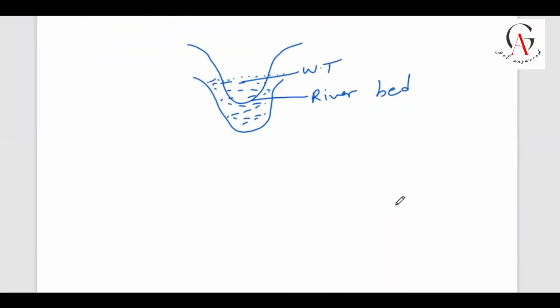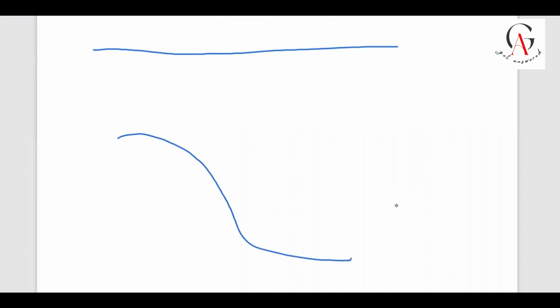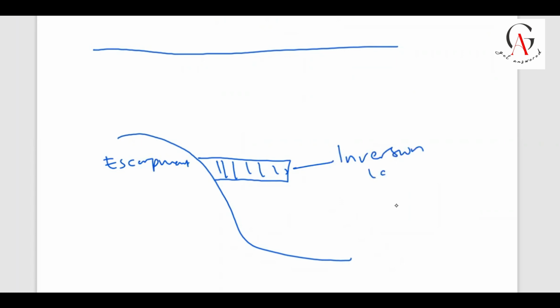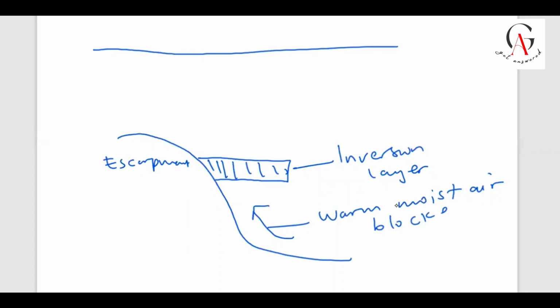Why do we say so? Let's just go down here. To illustrate evidence to show winter condition, you can see in winter condition, the inversion layer is below the escarpment. So it is below the escarpment, blocking the warm moist air. Warm moist air blocked. It can't reach the interior here.